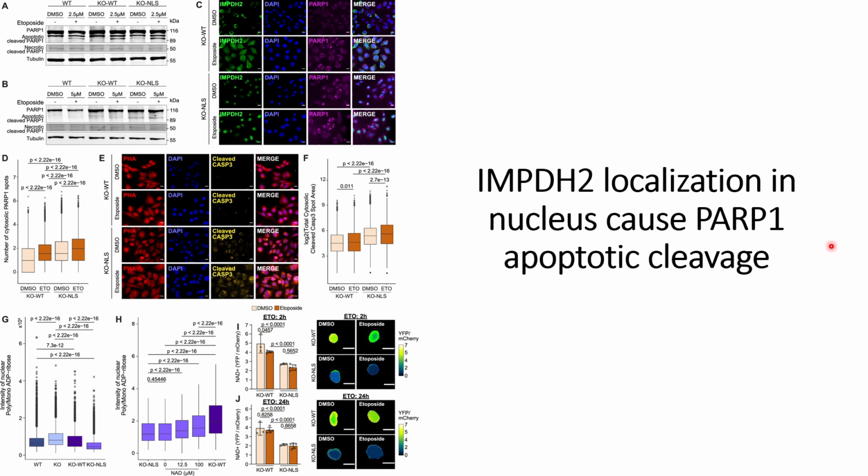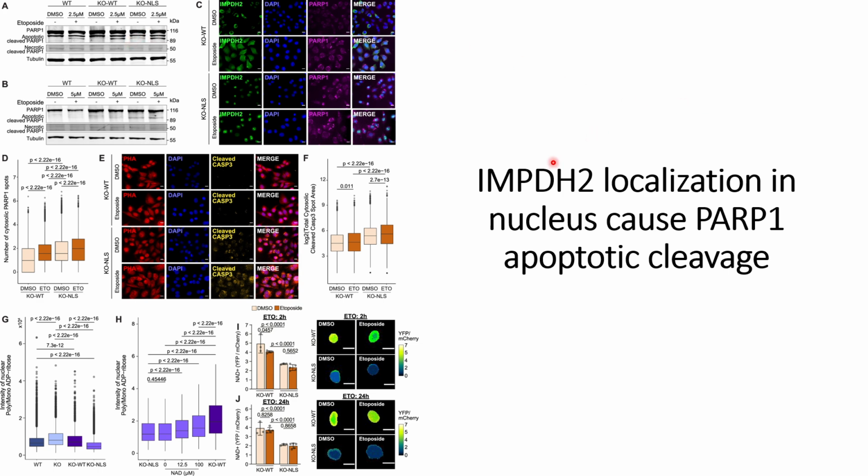The final outcome they conclude is that IMPDH2, when it localizes into the nucleus, will cause PARP1 apoptotic cleavage irrespective of whether there is DNA damage or not, because you can see that in the case of the knockout NLS, the PARP1 apoptotic cleavage signals are still visible even though the cells are not treated with the adipocytes.